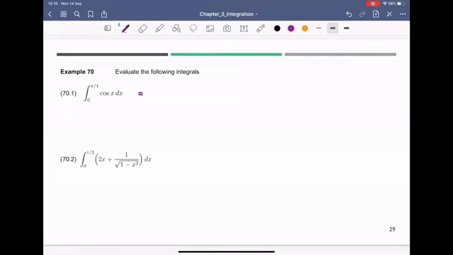Now you can integrate cosine, so you get sine. Wow, simple. And then you evaluate at x equal to pi over 4 minus x equal to 0. Sine pi over 4 minus sine 0. That is square root 2 over 2, or 1 over square root 2, doesn't matter, minus 0, so you get square root 2 over 2.